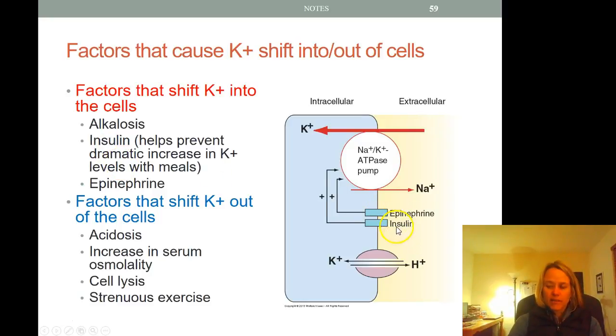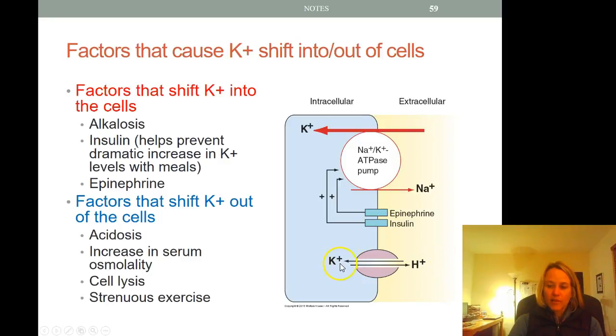Here we see that insulin and epinephrine stimulate the sodium-potassium ATPase pump. And this, as you recall, pumps 3 sodium out and 2 potassium in. So this is removing potassium from the extracellular compartment and putting it into the intracellular compartment. Another thing that affects this is alkalosis. So if the pH of the blood is high, that means we have low hydrogen ions.